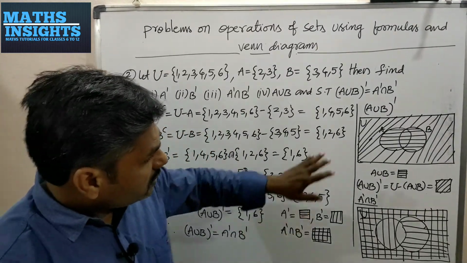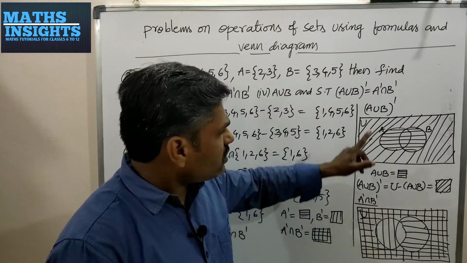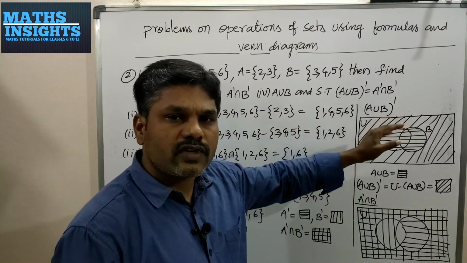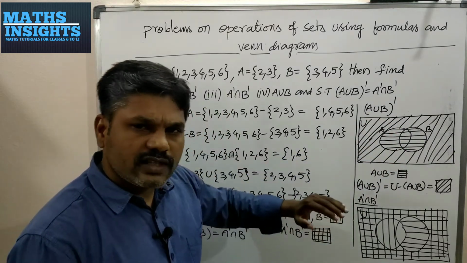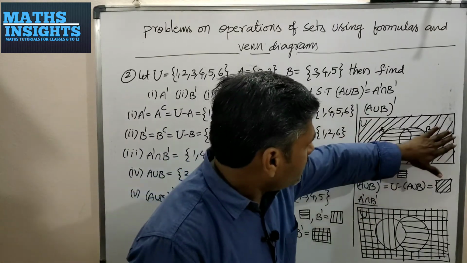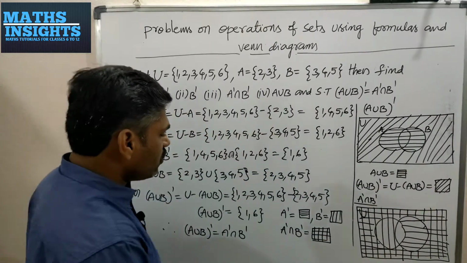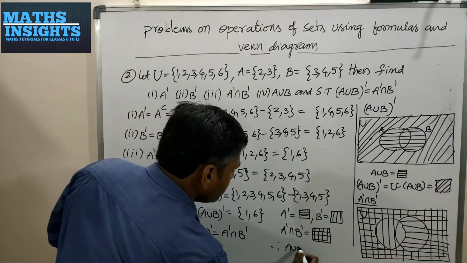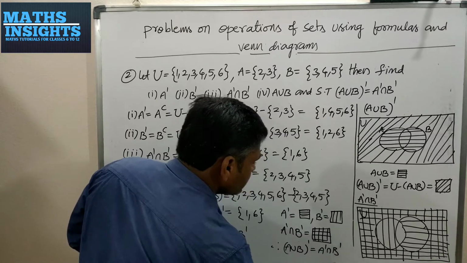And if you observe the areas of these two Venn diagrams, which are showing (A union B) whole dash for the first one and A dash intersection B dash for the second one, they show the same area. See, this is the area in this case and this is the area in this case. Therefore, you may conclude that (A union B) whole dash is equal to A dash intersection B dash by using Venn diagrams also.